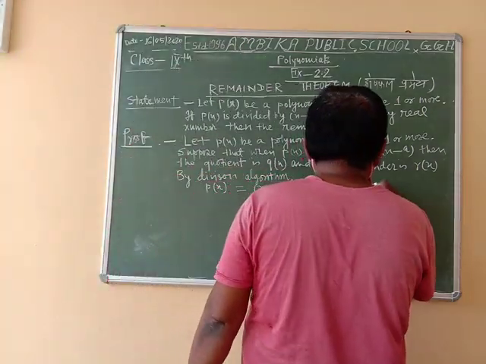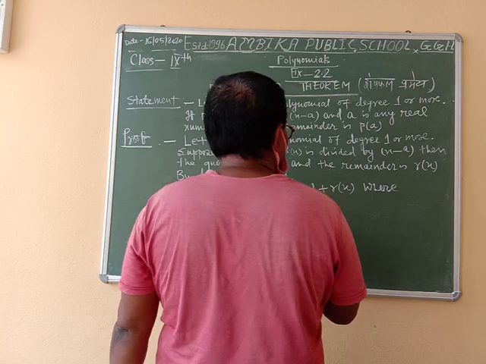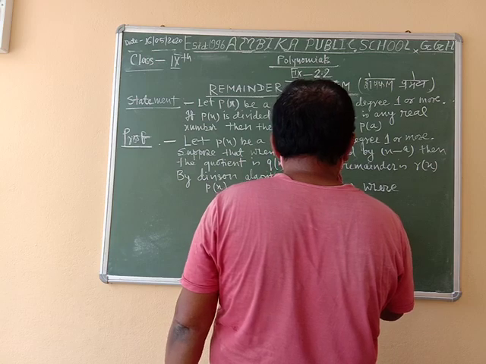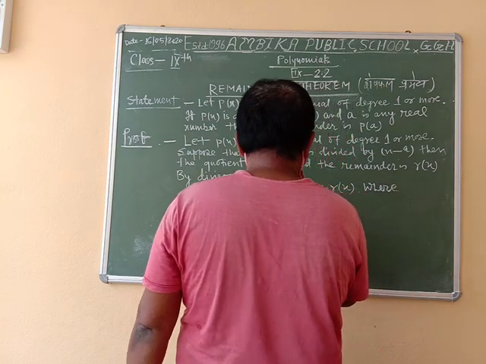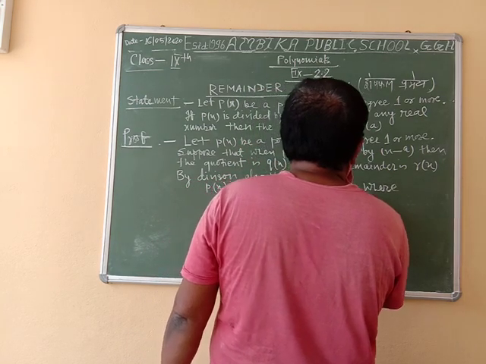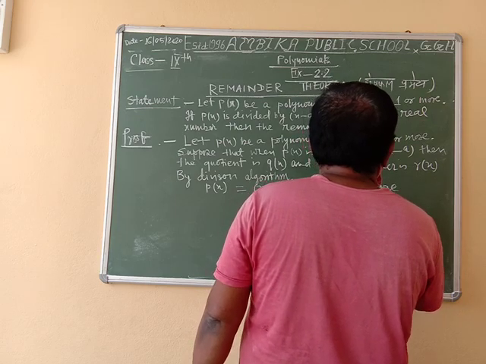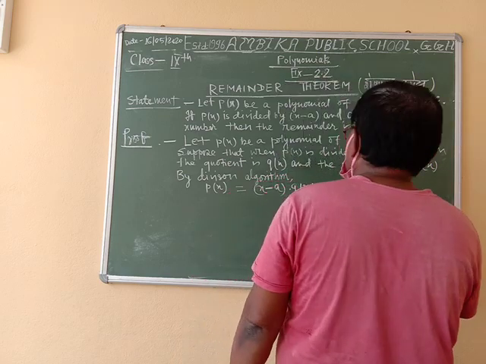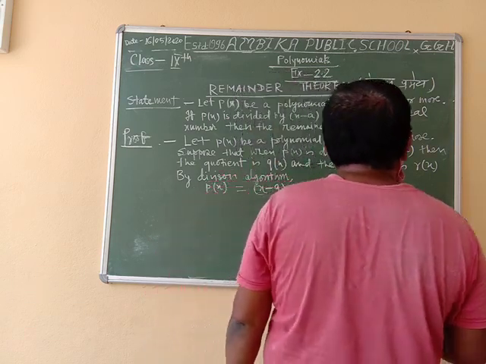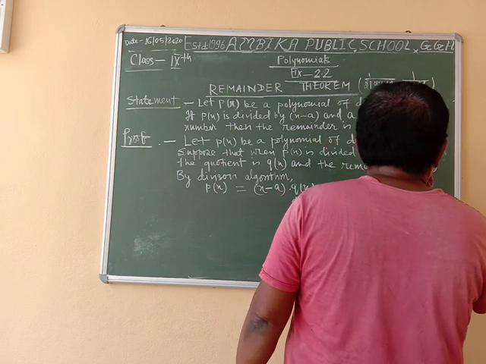where degree r(x) is less than degree of x minus a, which is equal to 1.